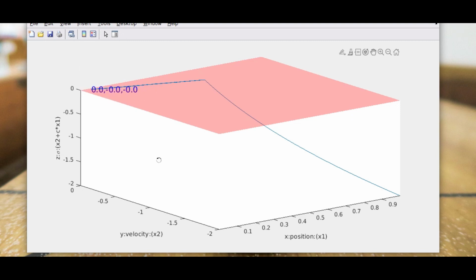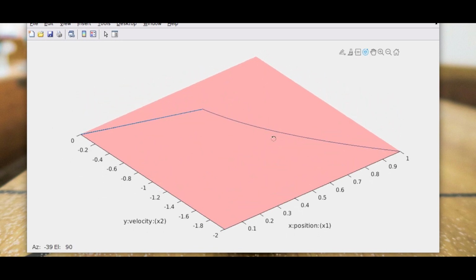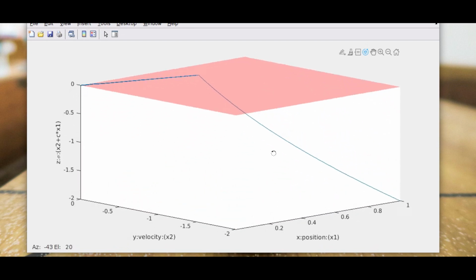As we proceed, you can see that the sigma value decreases till the point it reaches 0 when it reaches the plane, the pink color plane. The sigma value reduces and reaches almost equal to 0 at the plane. And in the plane, the sigma value remains 0. And as you can see, the position and the velocity values start reducing on the plane.